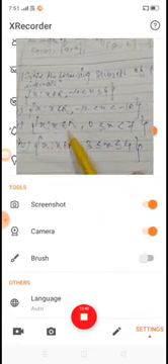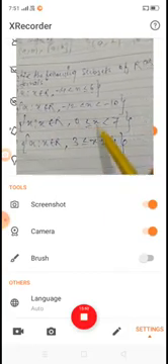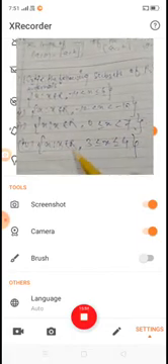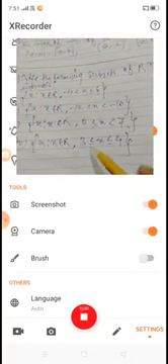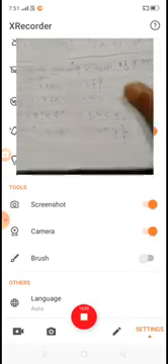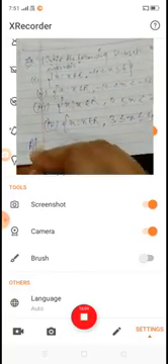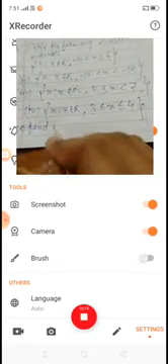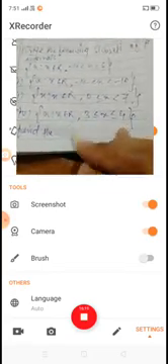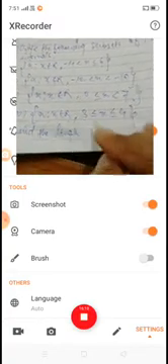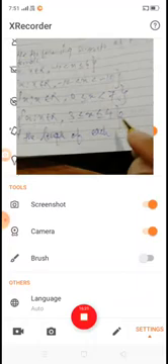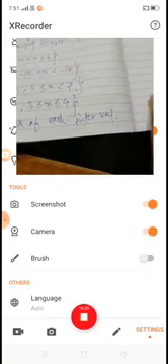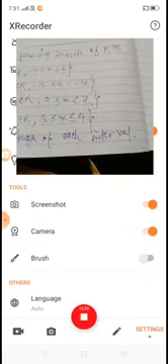Third, 0 less than or equal to x less than 7. Here, 3 less than or equal to x less than or equal to 4. And also, find the length of each interval.